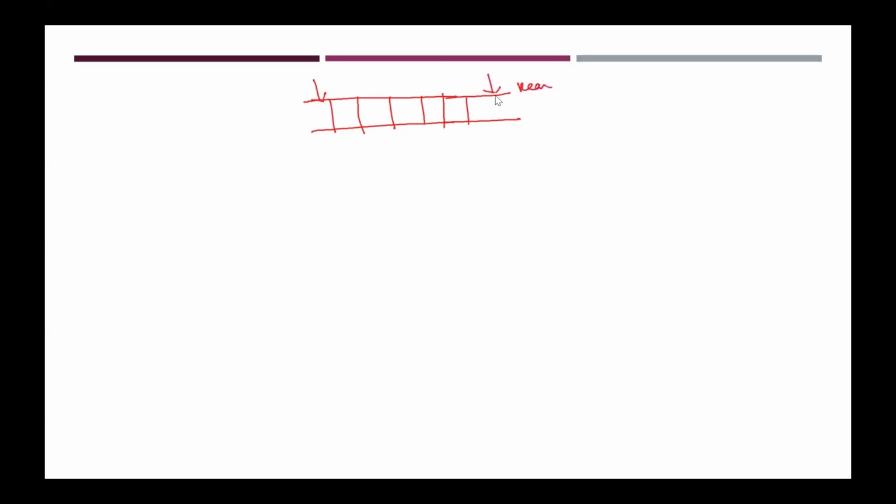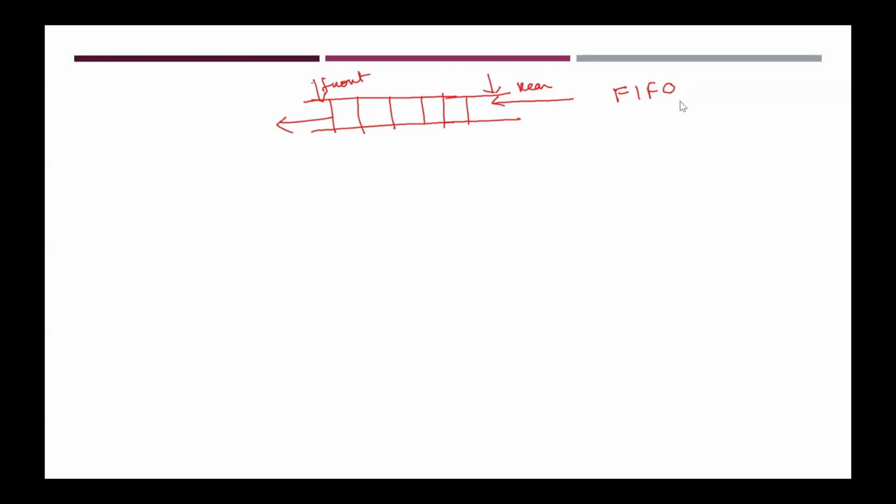This is the end where insertion is going to be, and this is the end where deletion is going to be. Here we insert the data, here we delete the data. That's why it is called first come first serve, or first in, first out. The element inserted into the queue first is going to be deleted first.